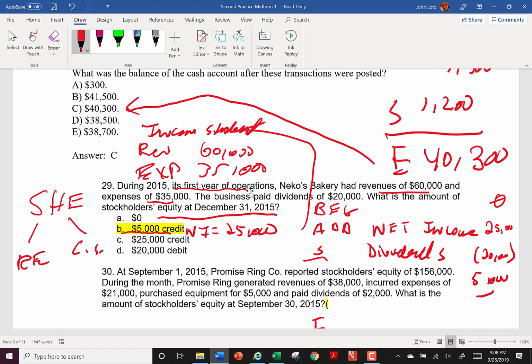My expenses, I want to close that to 0, right? So for my expenses, I'm going to debit income summary for 35,000 and credit what? Credit the expenses for 35,000.